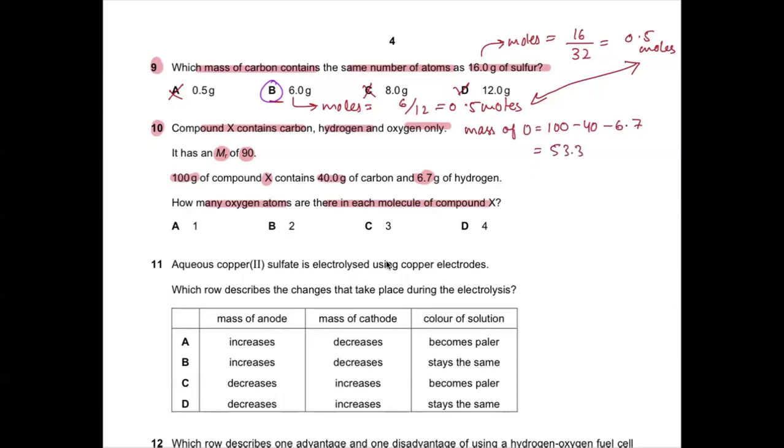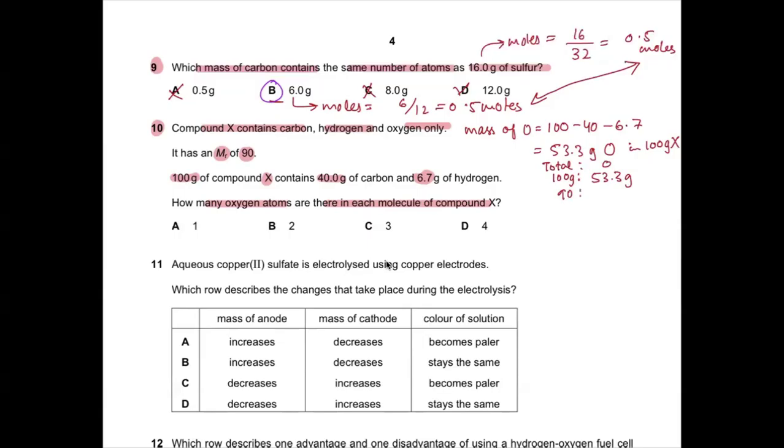So this is the amount of grams of oxygen in 100 gram of X, right? Is this understandable to all of you? So 100 grams of the compound has 53.3 grams of oxygen. That is the total mass and that is the mass of oxygen.